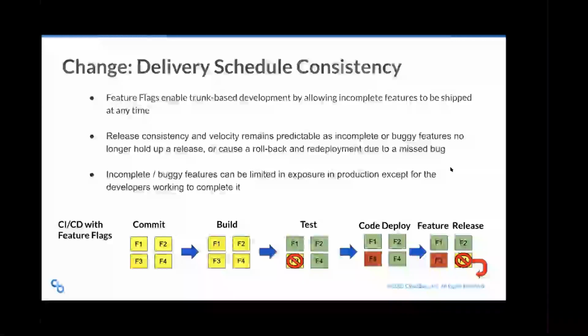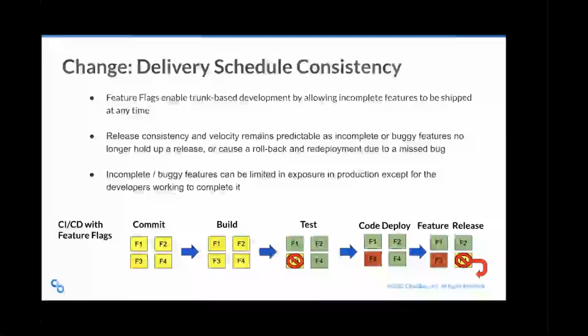So now we're going to talk about delivery schedule consistency. As you can see in the last example, feature flags can create much improved release velocity, as they can break up dependencies of a release being orchestrated at once, versus a collection of features. This means that a group of features is not held up because one is extra buggy, making release managers look better.